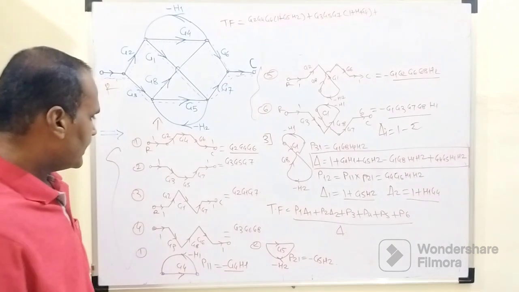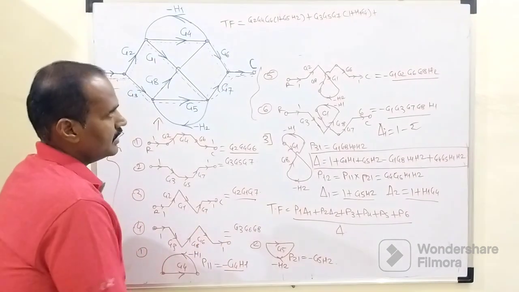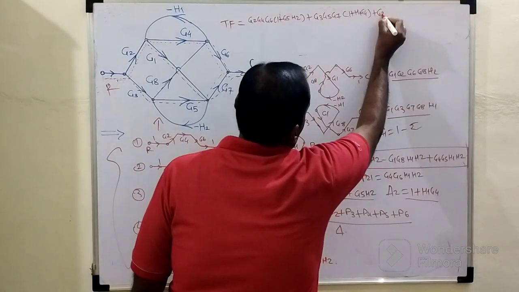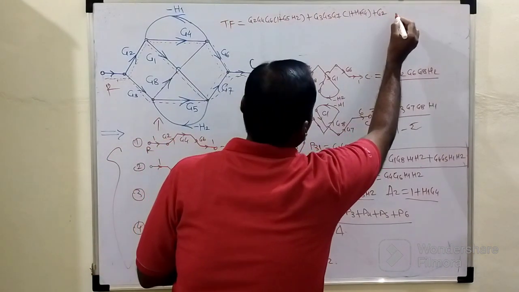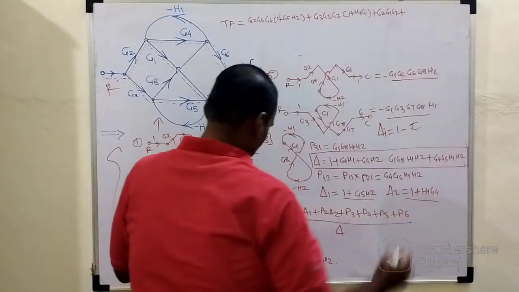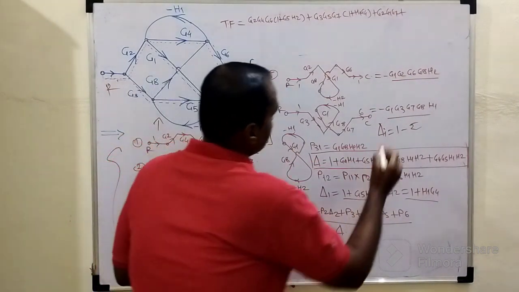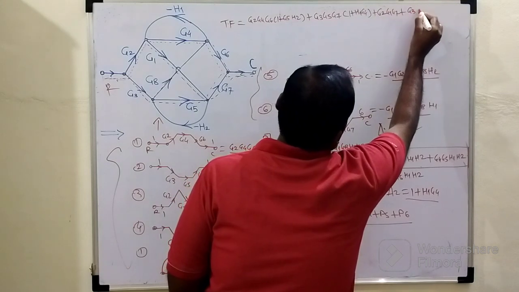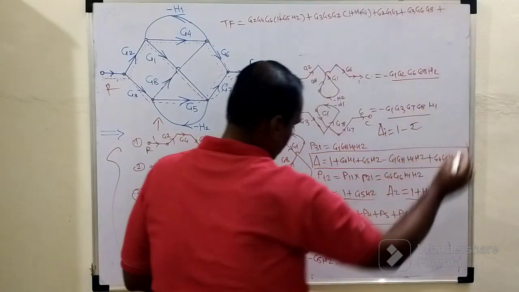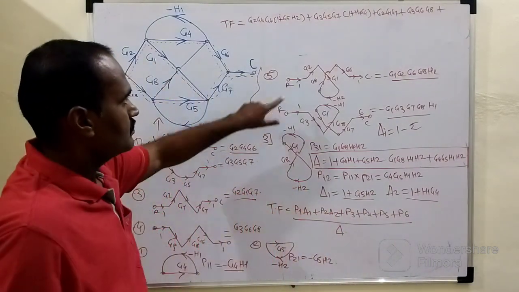So this will be P3. Here I will write plus G2 into G1 into G7. P4 equals G3 G6 into G8, plus P5.